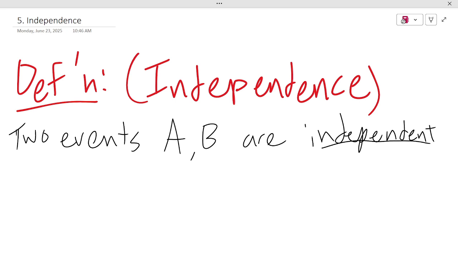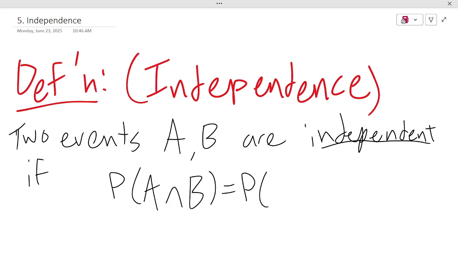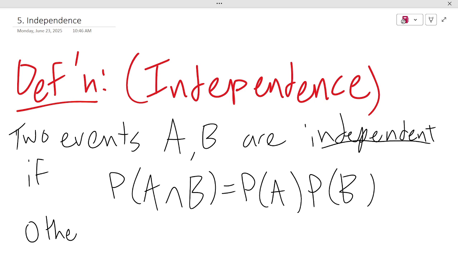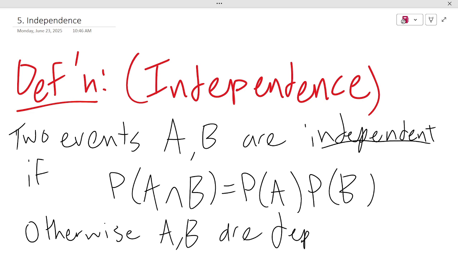If we know that the probability of A intersect B is equal to the probability of A times the probability of B. Okay, and then we say otherwise A, B are dependent. And so this is a good, reliable way to check. Okay, do we have independent events, or are they reliant on one another?